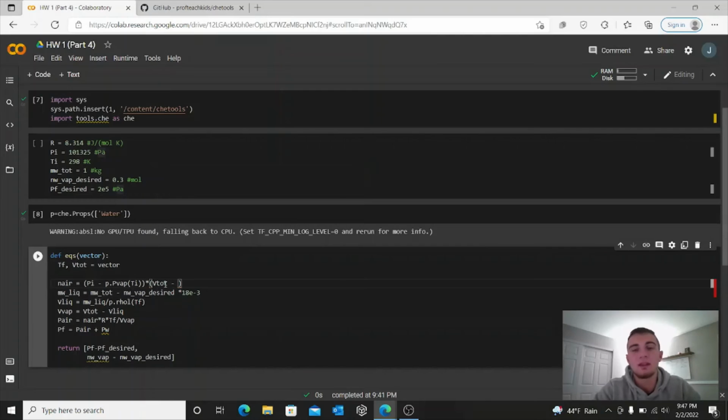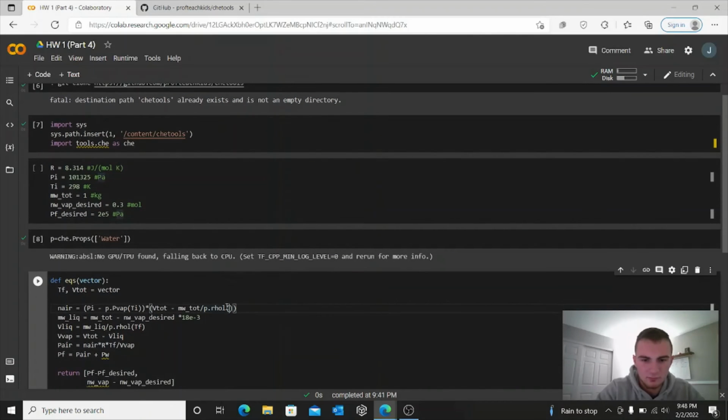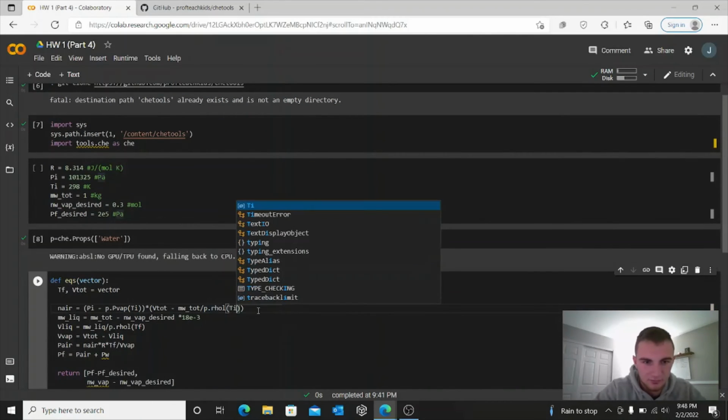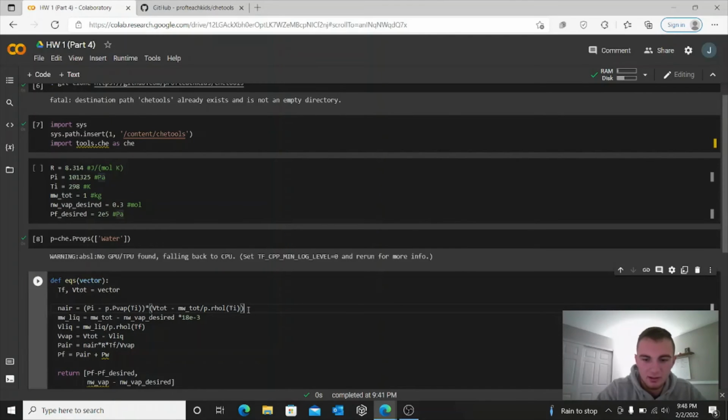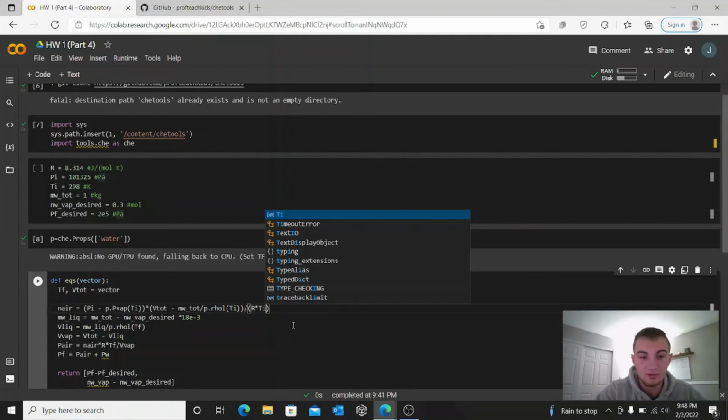And since we said at the beginning that the water is predominantly liquid, we had that the mass of water total was just the mass of water total divided by the density of water. So again, we'll have P dot RHOL, at the initial temperature since we're looking at the initial situation. And this entire thing will be divided by the ideal gas constant, R, times the initial temperature. Okay.